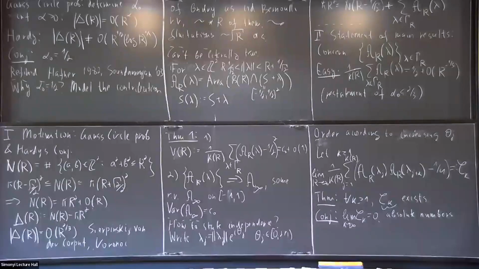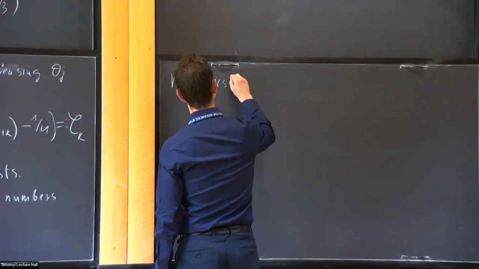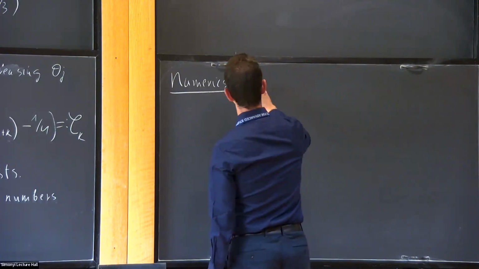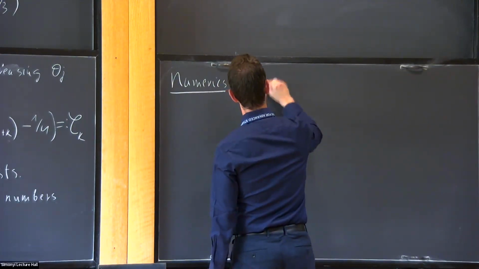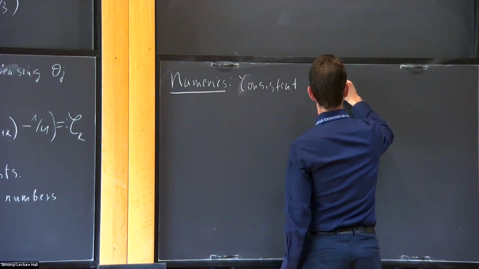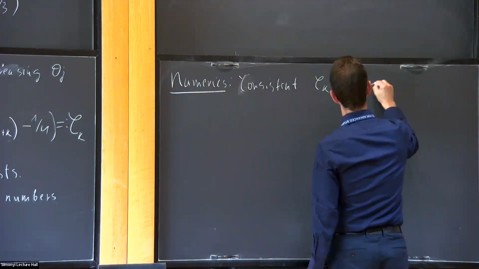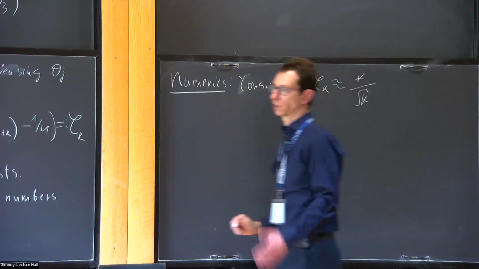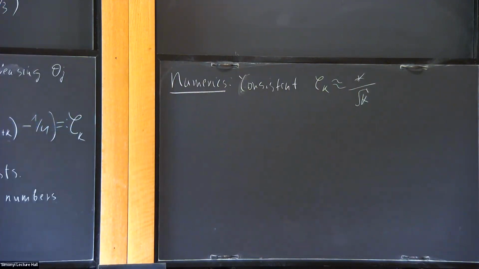I'm going to state several results in support of this conjecture. So first, numerics. The numerics were consistent with C_k being some oscillatory function of k divided by the square root of k, give or take. So the numerics are consistent with this conjecture.